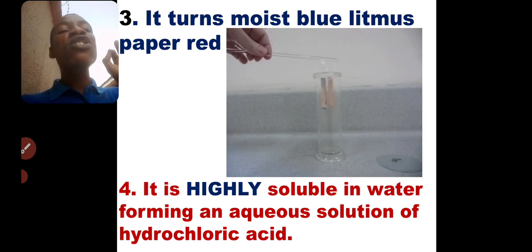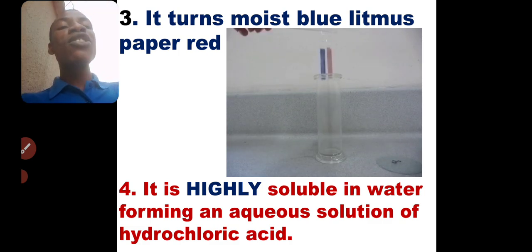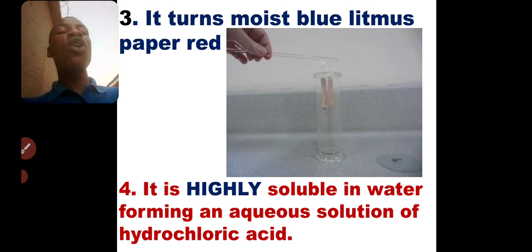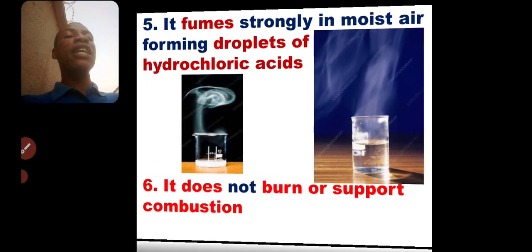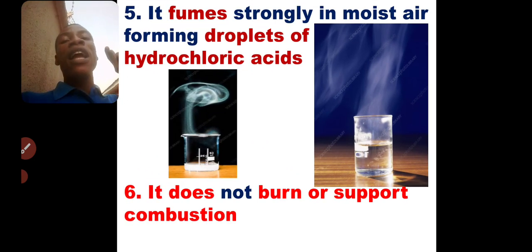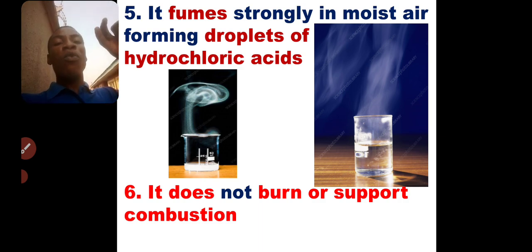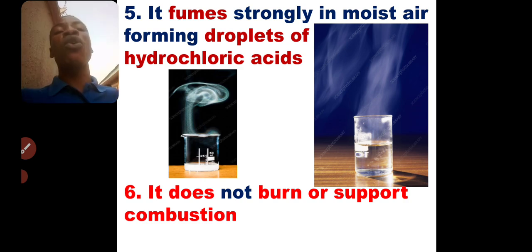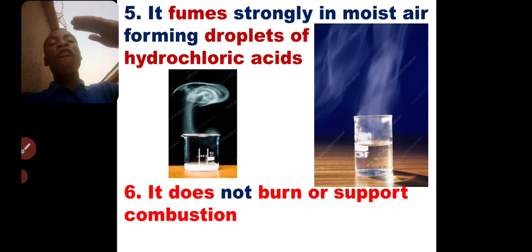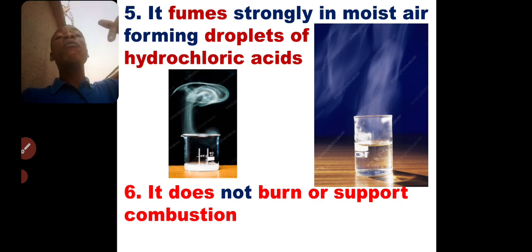Then it is highly soluble in water, and when it dissolves in water, it forms a strong solution of hydrochloric acid. Then HCl gas fumes strongly in moist air. When you have air that contains moisture, HCl gas fumes very strongly and forms droplets of hydrochloric acid.